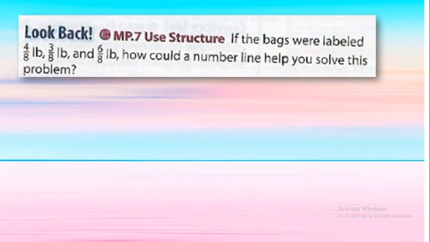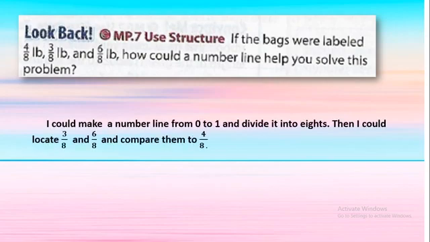If the bags were labeled 4/8 pound, 3/8 pound, and 6/8 pound, how could a number line help you solve this problem? So we could make a number line from 0 to 1 and divide it into eighths: 0, 1, 2, 3, 4, 5, 6, 7, 8.